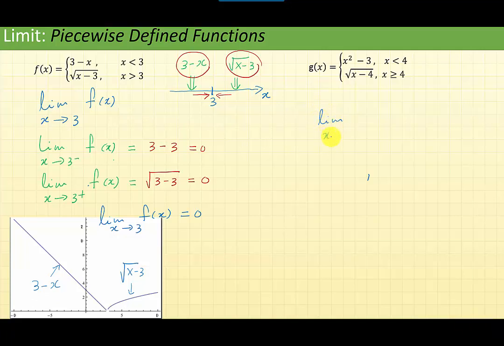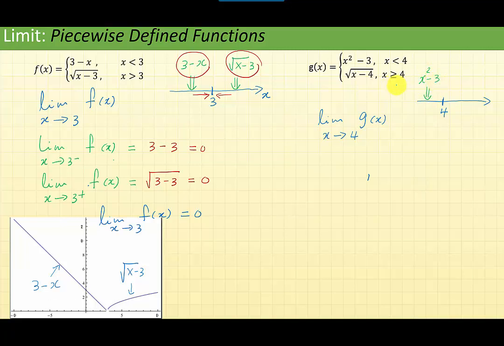as x approaches 4 of g of x for this piecewise function g of x. Again, you can see this has two pieces, and the 4 separates these two pieces. Now when x is less than 4, the function is given by x squared minus 3.